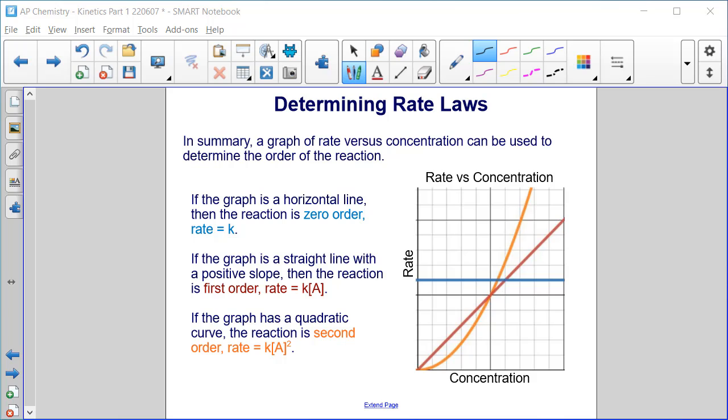If the graph is a straight line with a positive slope, then the reaction is first order, and the rate is equal to k times the concentration of that reactant, which you can see as that line here. If the graph has a quadratic curve, the reaction is second order, and the rate is equal to k times the concentration of that reactant squared. And you get this orange-looking curve upward here.